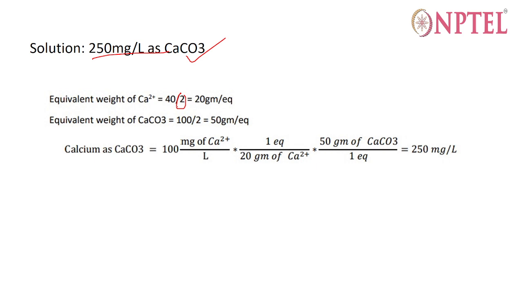So even if you don't divide it by 2, you can get the correct answer. You can write as whatever you have written, like 100 divided by 40 and then multiplied by 1000, and you can get the correct answer. There will be no issue here.